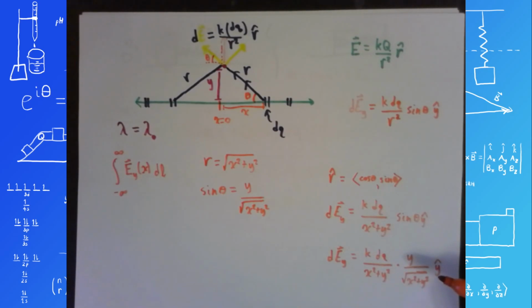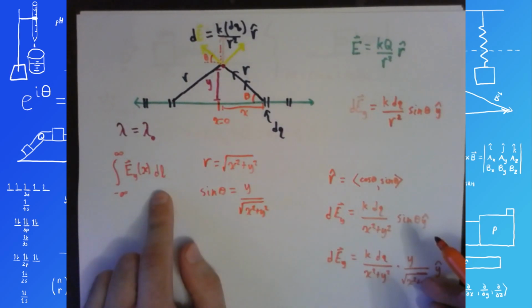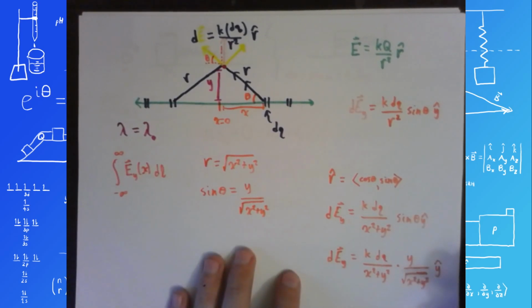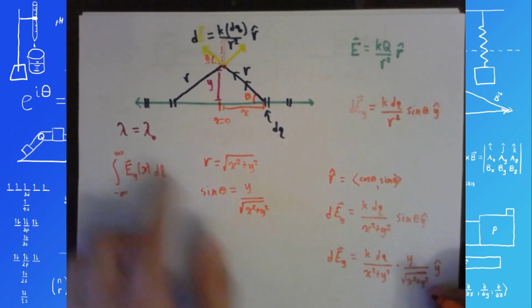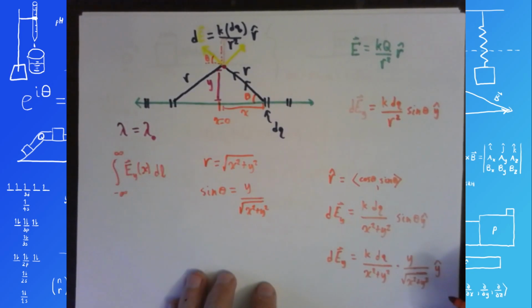Now then, what was my next step? So dq. This is another variable that I need to redefine. I want to redefine dq in terms of dl, or better yet, in terms of dx. So what I'm going to do now is take advantage of the fact that we have a constant linear charge density.